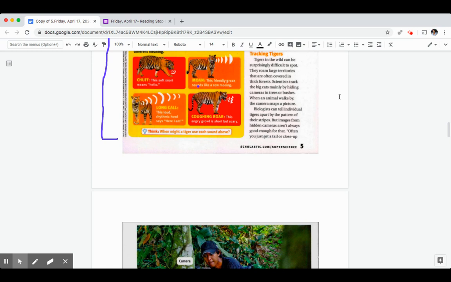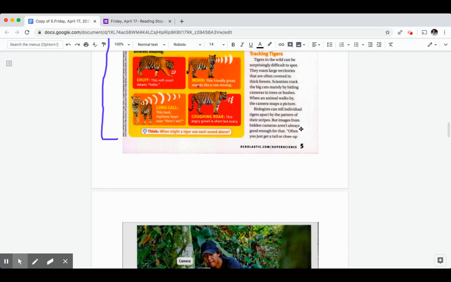Exactly. The section tracking tigers was there to give background information of why cameras are being used. It lets us know that images are used to help identify tigers.